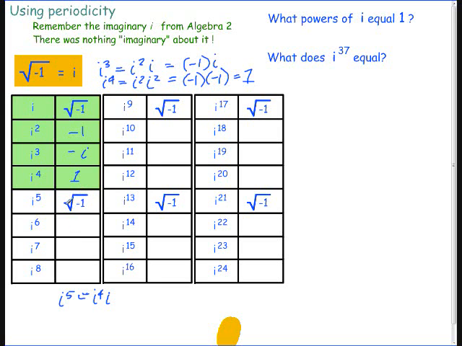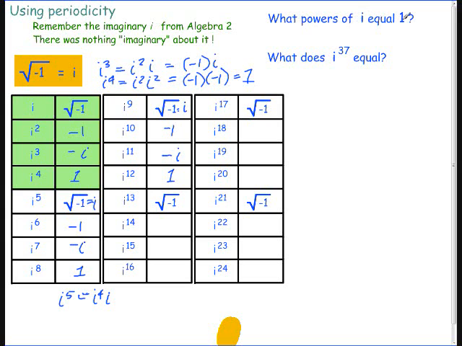So it's back to i, and then we've got -1, -i, and a +1, and then we're back to i, -1, -i, +1, and so forth.